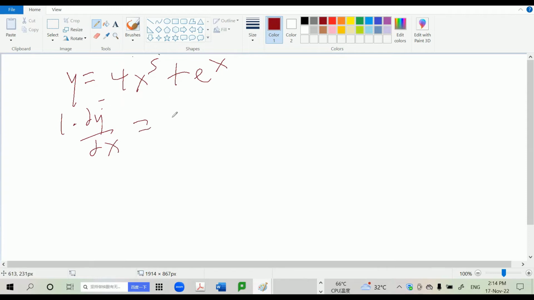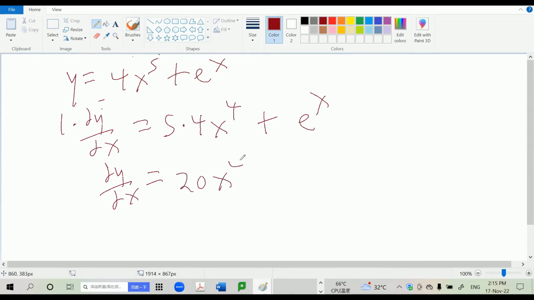Then this here, I would then do 5 times 4, x to the power of 4, plus e to the x. That's just the derivative right there already, yes, okay? And so then this means that dy with dx is equal then to 20 x^4 plus e to the x, and we're done. Now, this is the normal way that we did it without having to be redundant, right? This is the way that you guys are used to, we learned the last several weeks.